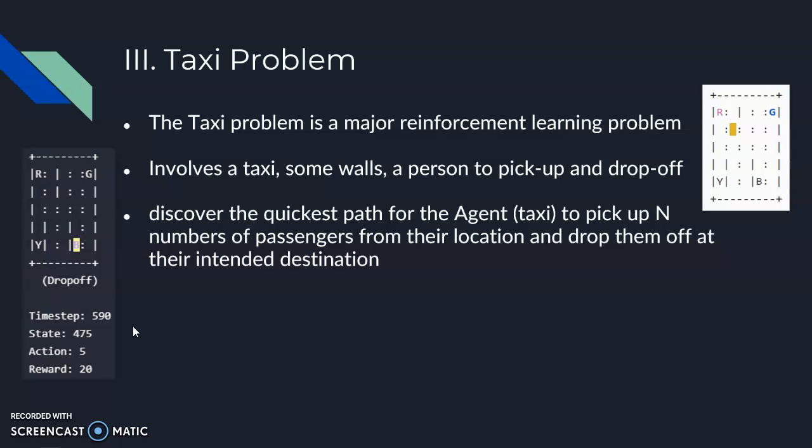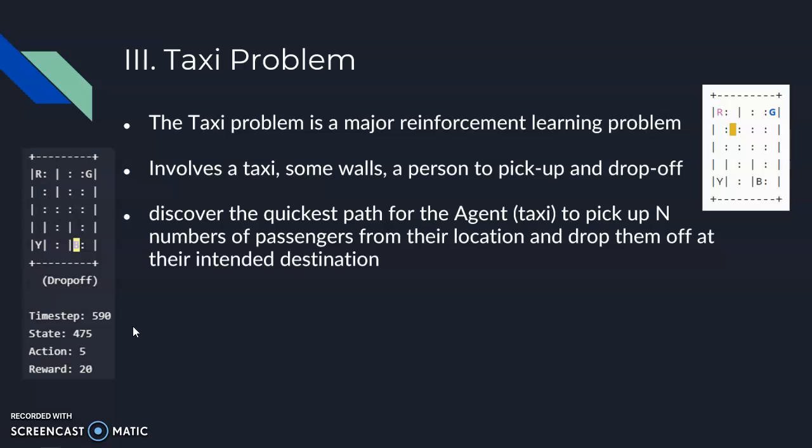Here, the taxi problem is a reinforcement learning problem. The taxi must pick up and drop off people from one location to another location. While doing it, the taxi must take the shortest and quickest route possible.